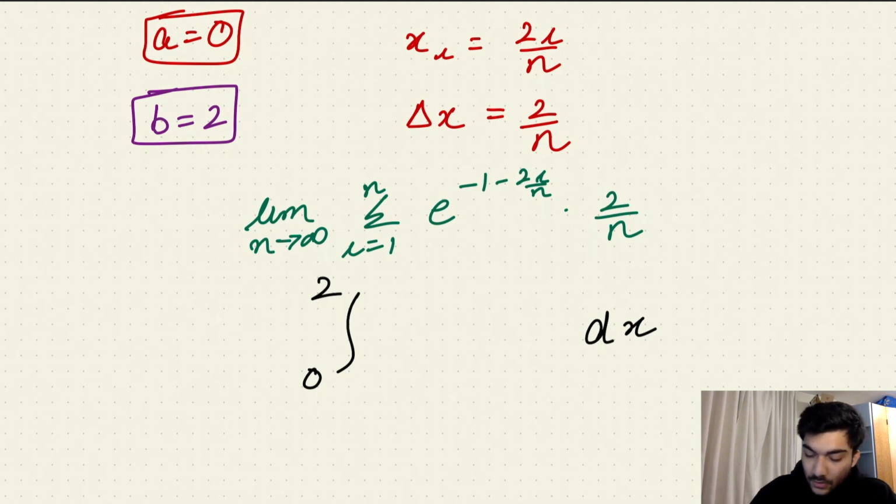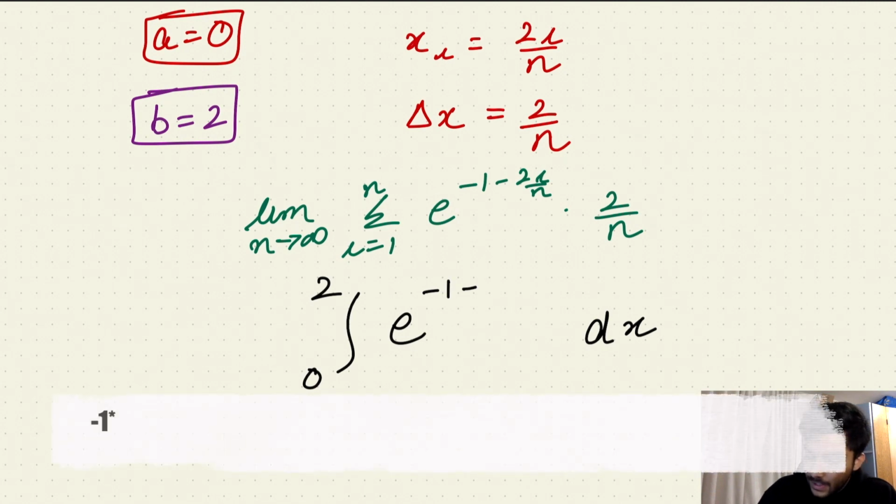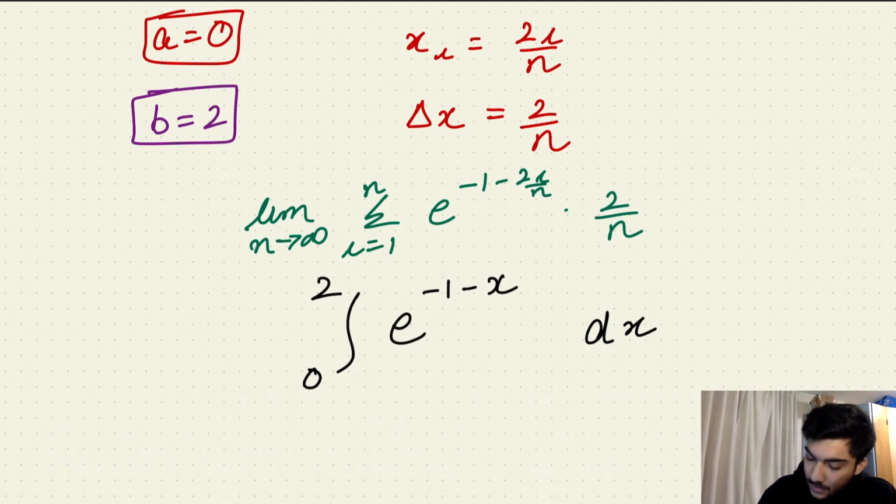And I also know that I have to change every occurrence of 2i by n to x. So in this case, it would become e to the power minus 1 minus x, since my 2i by n is x. And this is my final answer. And this is indeed the correct answer.